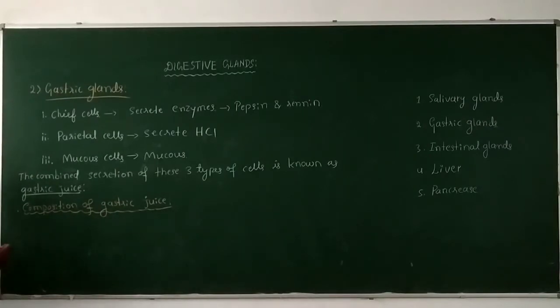Gastric juice contains water. Gastric juice contains two protein digesting enzymes, also called proteases.